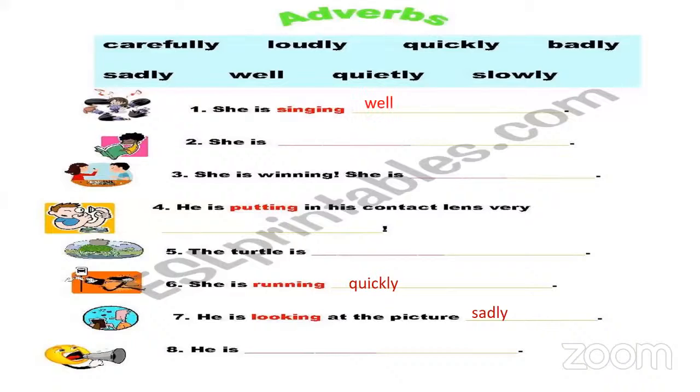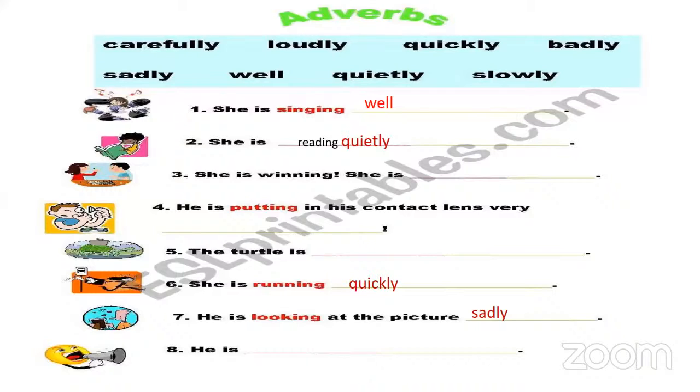She is singing well. Right? She is singing well. Number 2. She is reading. Look at the picture. She is reading quietly. You have to write the verb as well, because they haven't given the verb.